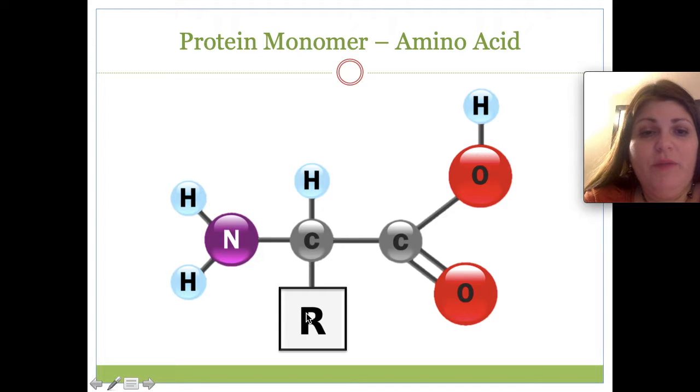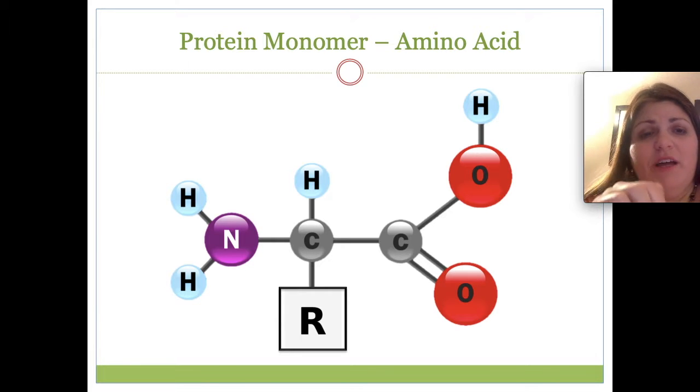So we just represent that with R. But the basic amino acid structure we see represented on this top portion. So we've got a central carbon that has just a hydrogen and our R group on it. And then on one side we have an amino group, and then on the other side we have a carboxylic acid group. These then join together by dehydration synthesis to make a big long chain of amino acids.